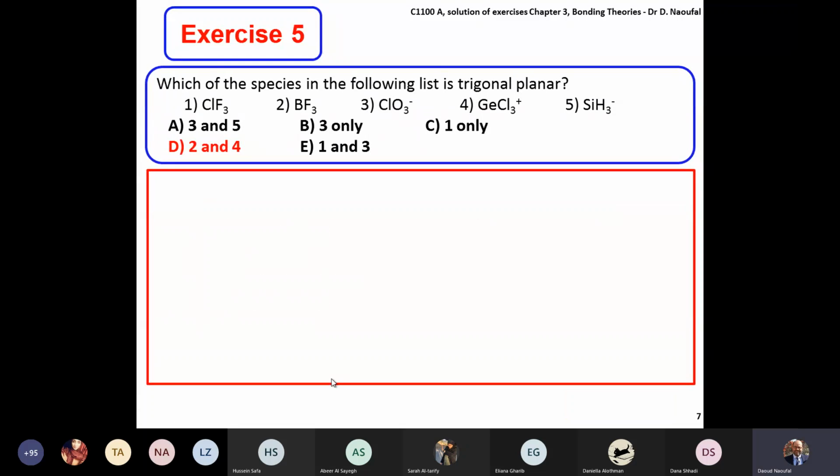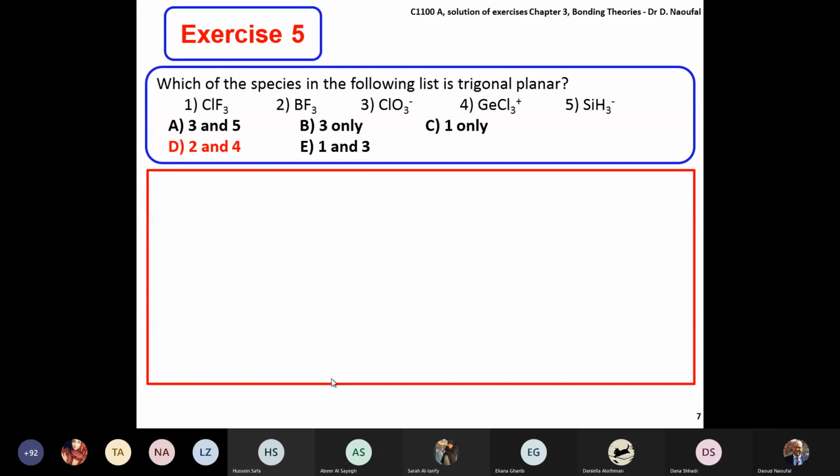Exercise 5. Which of the following species is trigonal planar? ClF3, BF3, ClO3 minus, GeCl3 plus, SiH3 minus. Trigonal planar means the central atom made 3 bonds, so all answers 1, 2, 3, 4, and 5 are acceptable for this question.